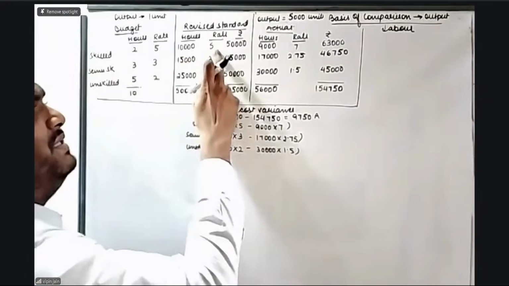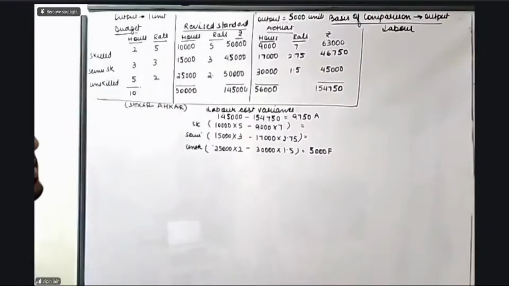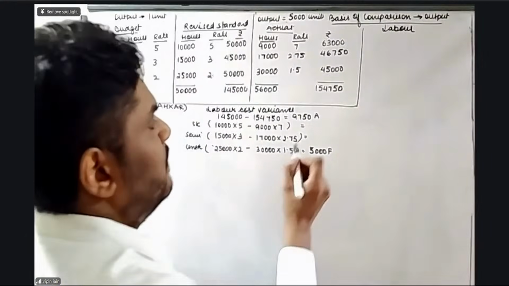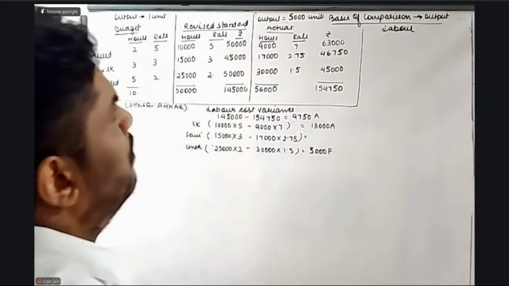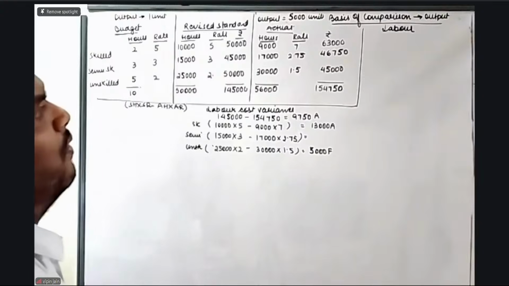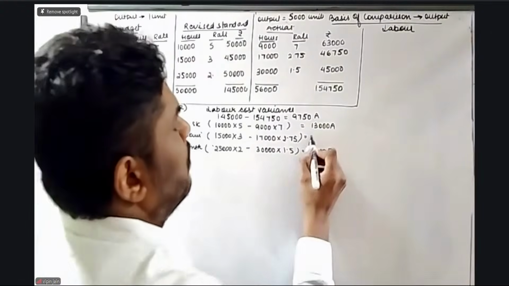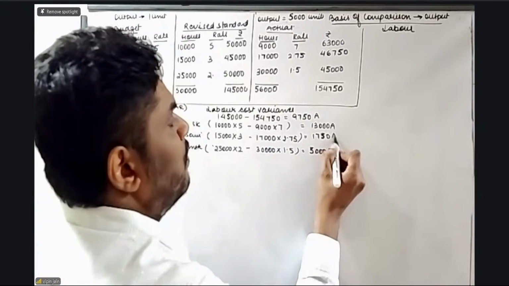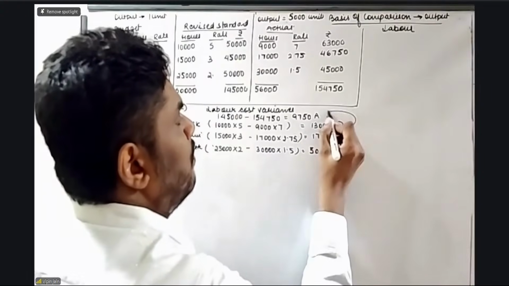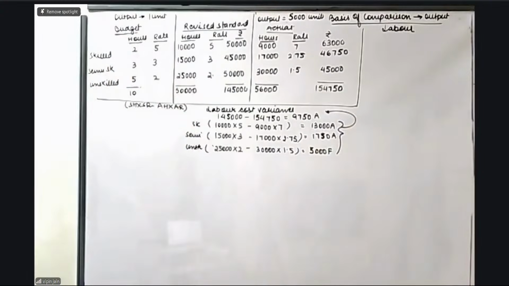So standard hours into standard rate minus actual hours into actual rate, then adverse. The total will be 4,750.